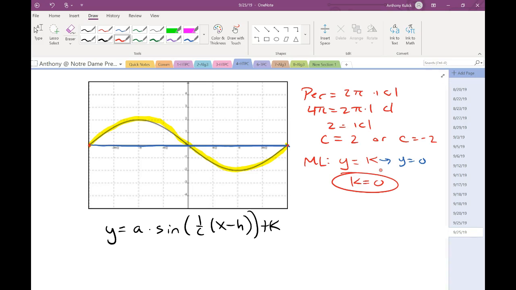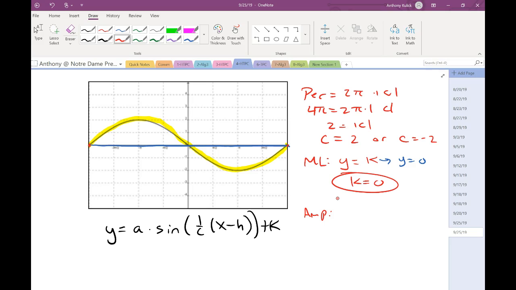So we've done C and K. What do we still need to find? H and A. Which one should I do next? Not H. A. Which of the attributes relates to A? Amplitude. Just as an aside, why don't I want to do H right now? Do any of these attributes relate to H?